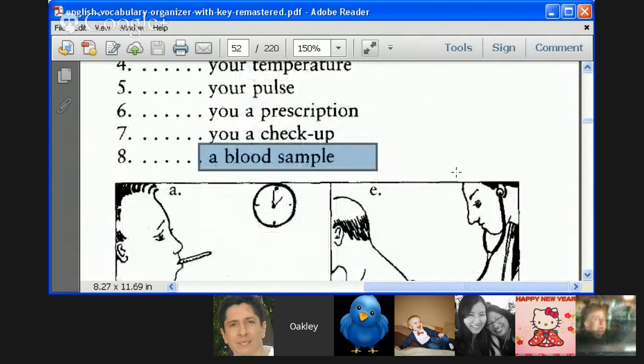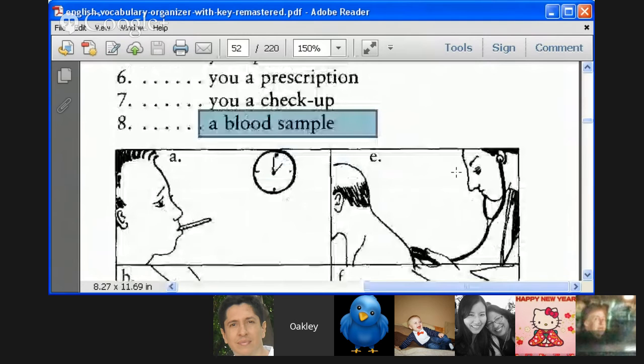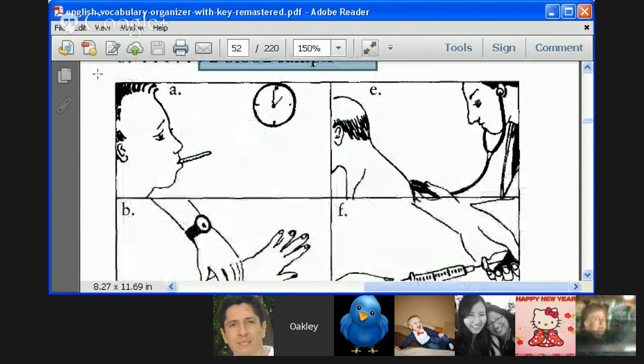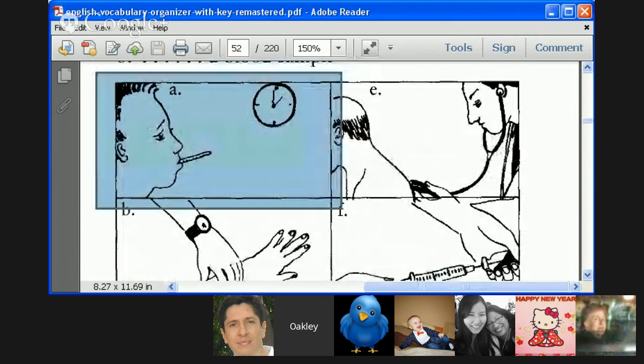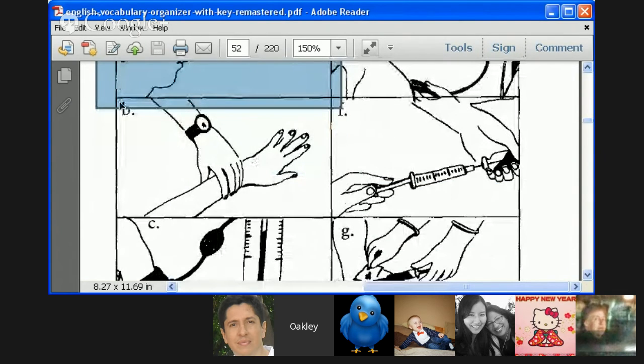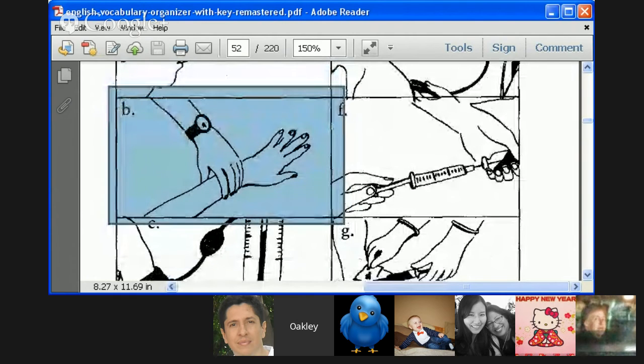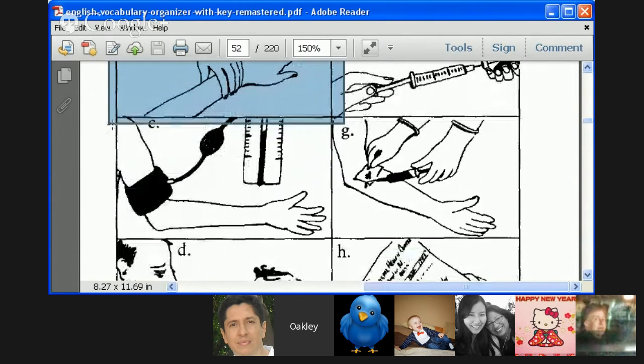Okay, and let's see, which one is which? What is this, Rolando? Taking the temperature, absolutely. Very good. What's going on in B, Cornell? He's taking his pulse.